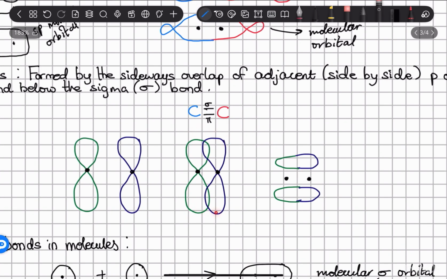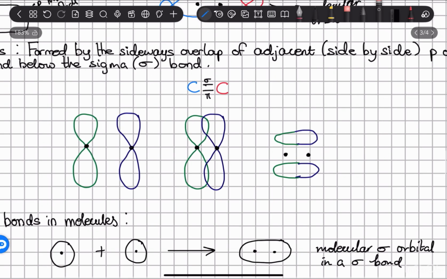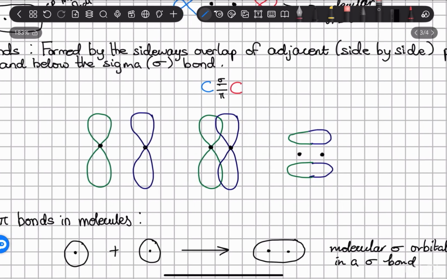This is a sideways collision, so it's a side overlap, and that's a head-on overlap. In the side-on overlap, it forms something like this. Basically, these two bigger lobes would be present above and below the sigma bond, which I will show you guys later on.